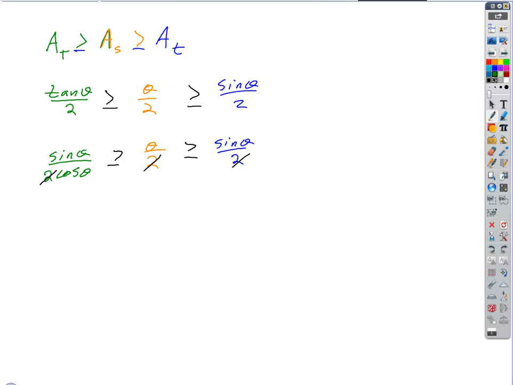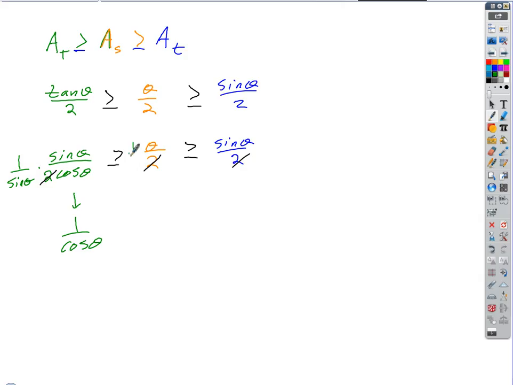So if I divide each one by sine theta, what does this guy become? Well, if I'm multiplying by 1 over sine theta, let's go ahead and write that out. What happens? Sine thetas cancel, right? And I get 1 over cosine theta. Now what's going to happen here?